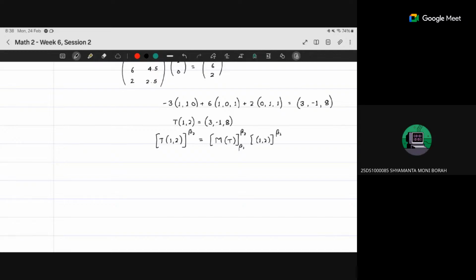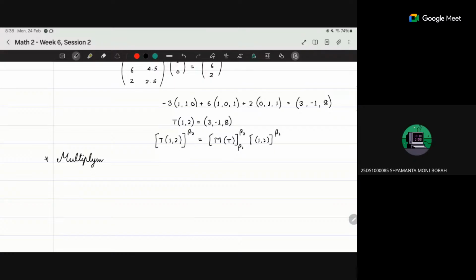Is that okay? So let me just write that down. Multiplying the matrix, I'm not going to keep writing matrix with respect to basis beta 1, beta 2. All of that is understood. Multiplying the matrix with the coefficient vector gives the coefficient vector of the image. What do I mean by coefficient vector?